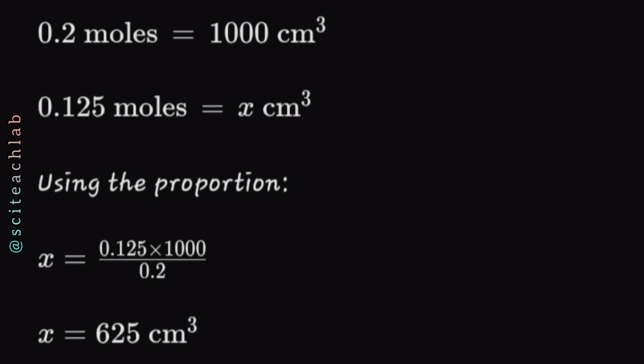We either have to convert what is in gram to mole so that we compare it with the other mole, so mole to mole, or we convert what is in mole to gram so that we compare both in grams. So in this case, we had to convert the mass of sodium hydroxide that was given, 5 grams, to mole. With that, we were able to compare with the number of moles given to us in the equation of aqueous sodium hydroxide before we could find our answer.